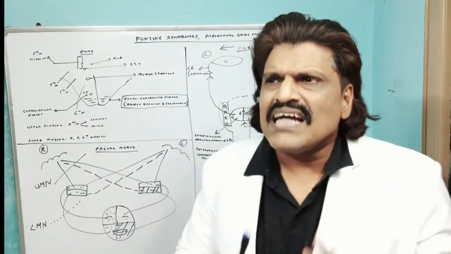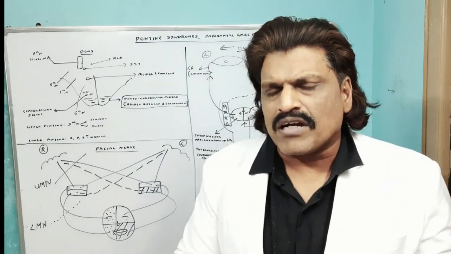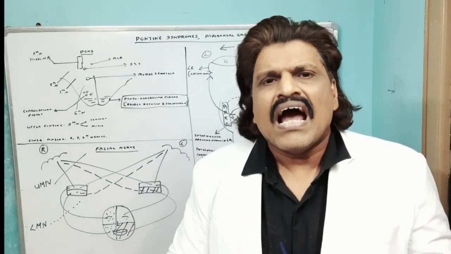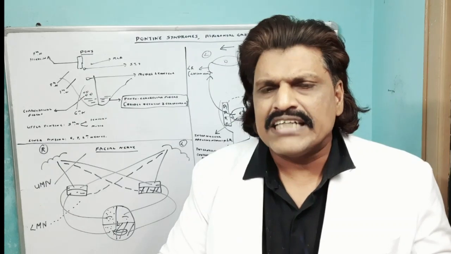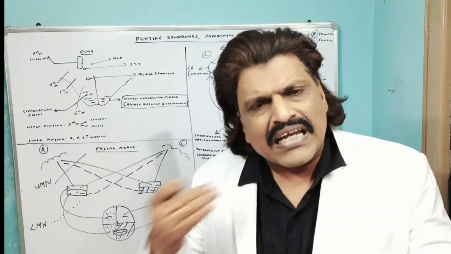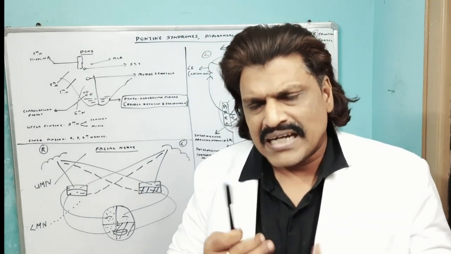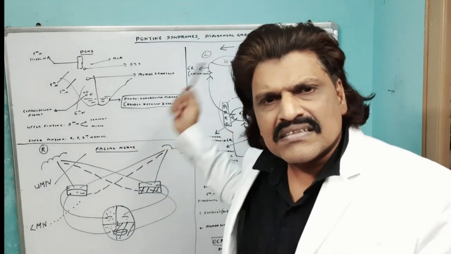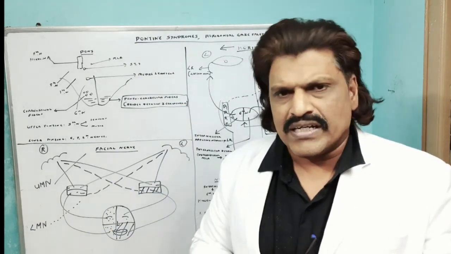To understand these two important points, namely the lower motor neuron seventh nerve palsy and the horizontal gaze palsy, we need to elaborate further. So we'll start off with the seventh nerve and then see about the horizontal gaze.